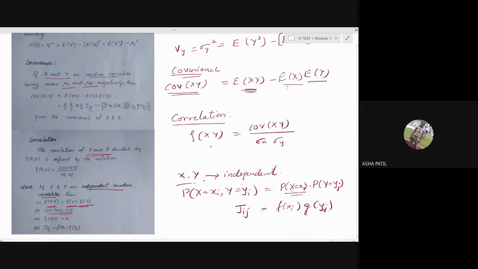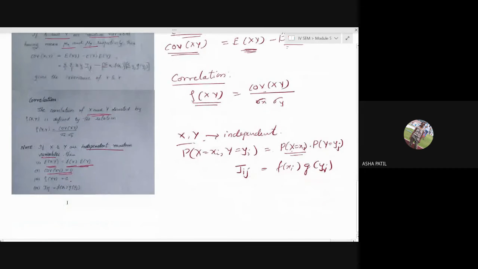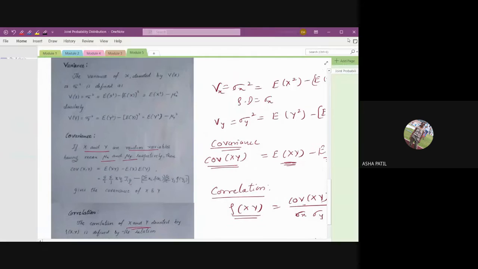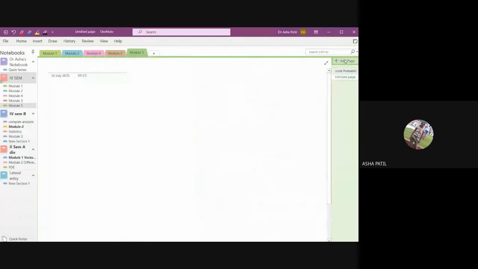And further, since covariance is 0, obviously your rho also becomes 0. These are the things that you need to remember for independent random variables. Let us move on to a few examples based on this.